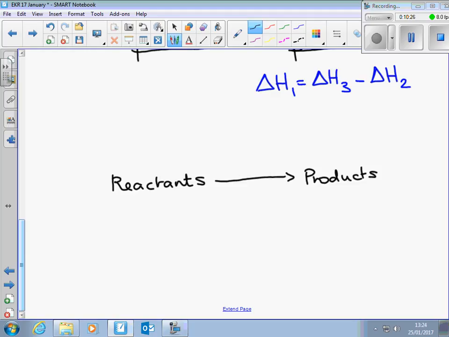If this is our delta H1 that we want to measure, this is our route 1, the obvious route.